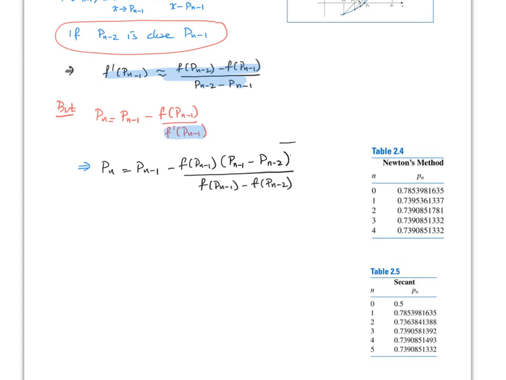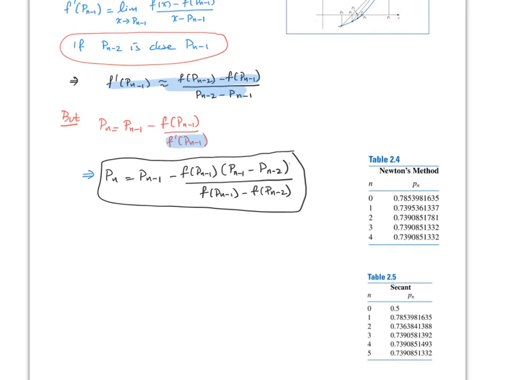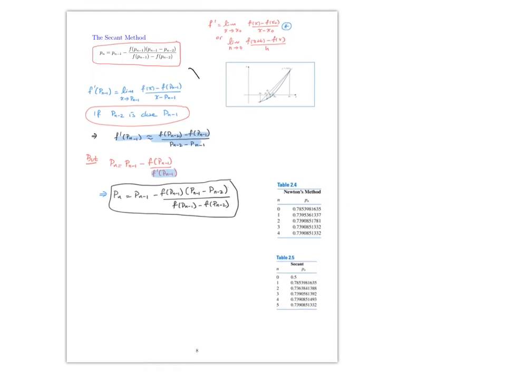This is now the secant method, which is how we got this formula right here.